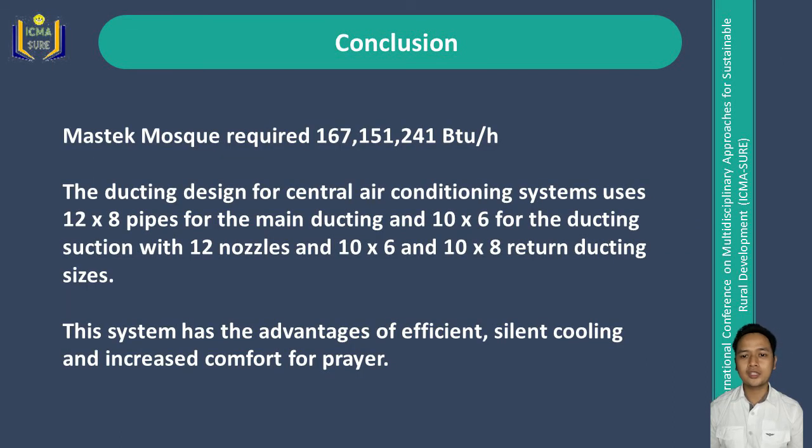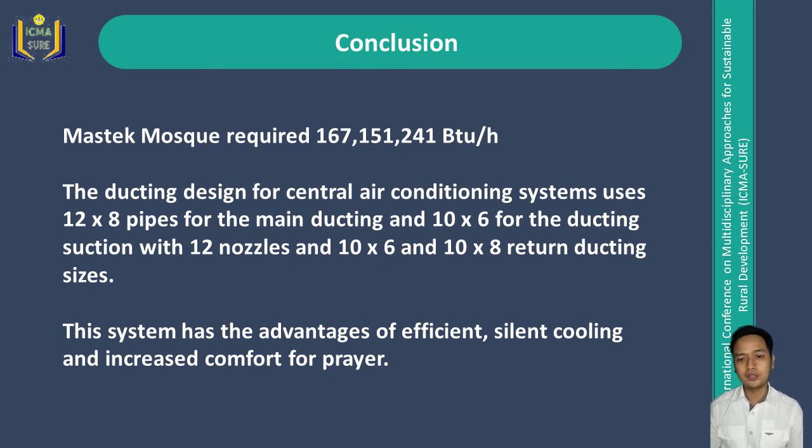The conclusion that can be drawn from this work is: number 1, MASTEK mosque requires 167,151,241 BTU per hour.